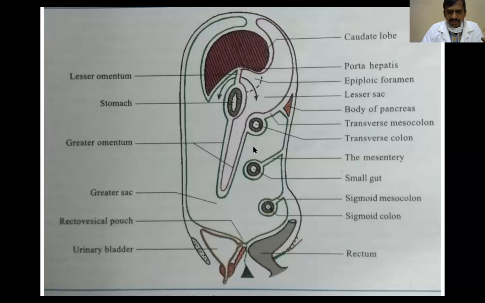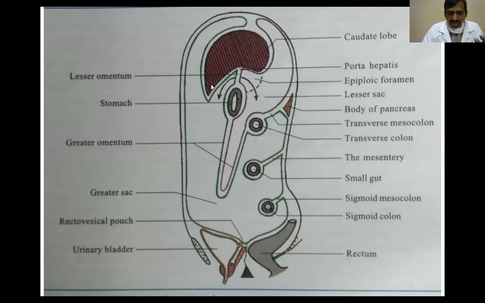Okay, here you see this is the lesser omentum, a lesser sac, and this is the greater omentum. These are folds of the peritoneum covering the liver. There are the triangular and coronary ligaments.